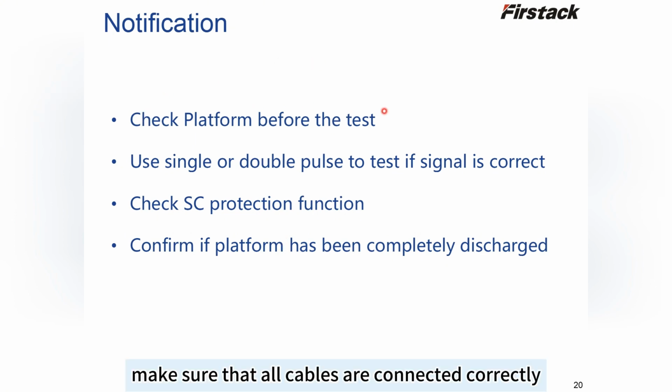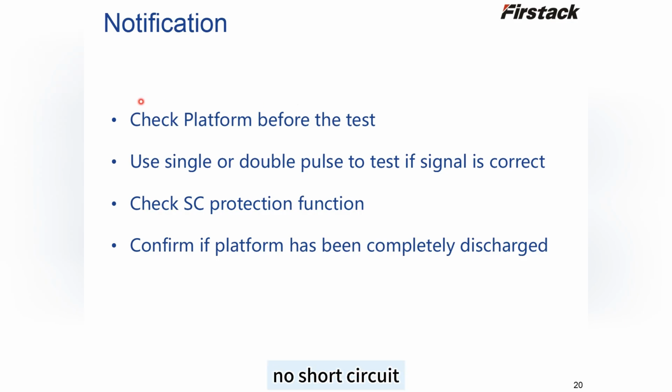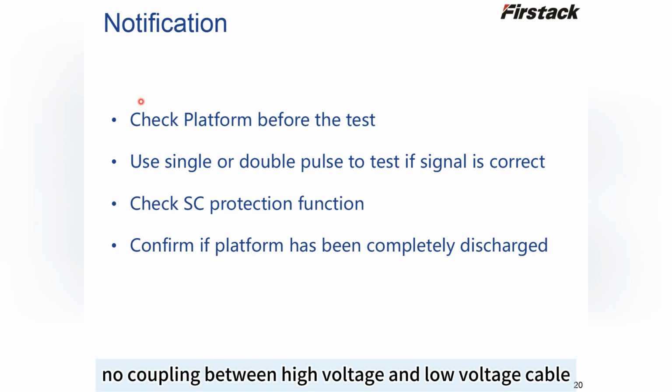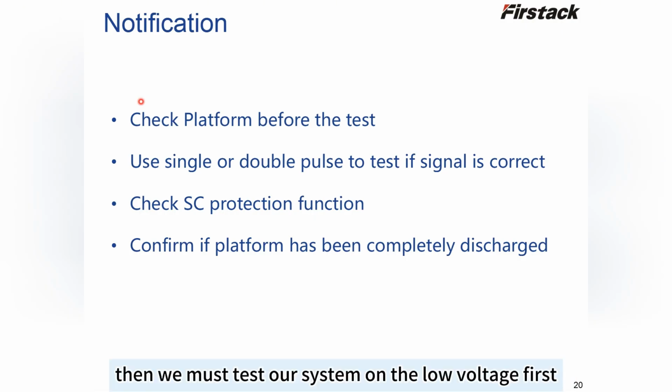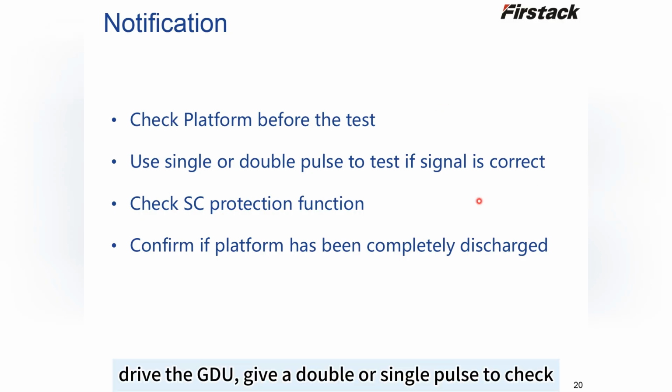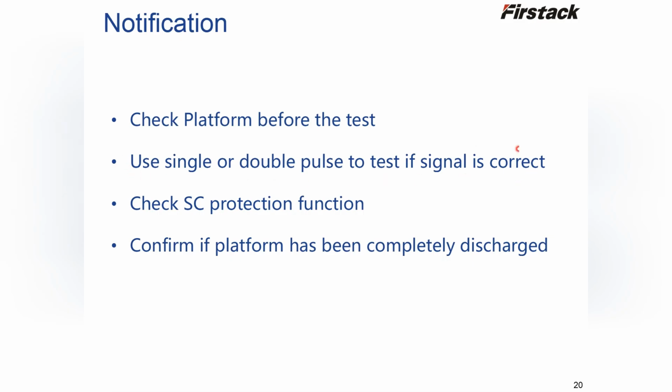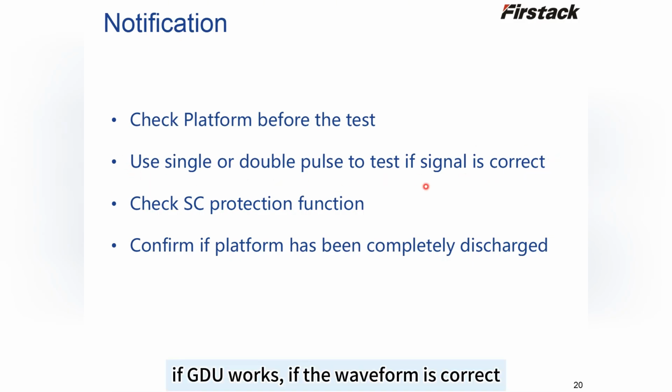Make sure that all cables are connected correctly, no short circuit, no fake connection, no coupling between high voltage and low voltage cable. Then we must test our system at low voltage first. Drive the GDU, give a double or single pulse to check if the GDU works and if the waveform is correct.